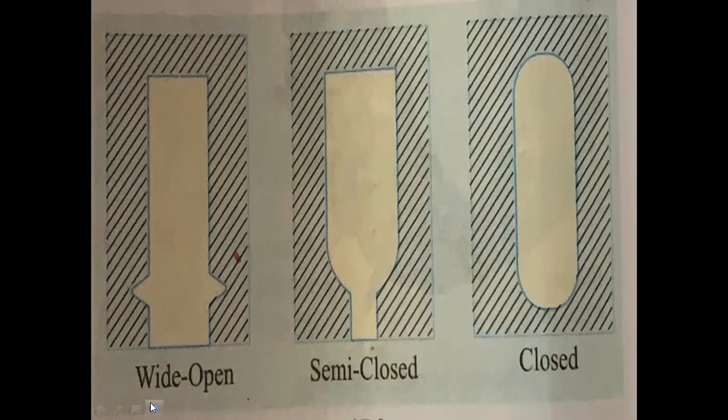So this wide open type slot has the advantage of form wound coils, and the coils are easily removed in case of repair. If form wound is possible, it is not a time-consuming process. It is a very easy process to put the copper coil into the armature. That's why this is termed an advantage.